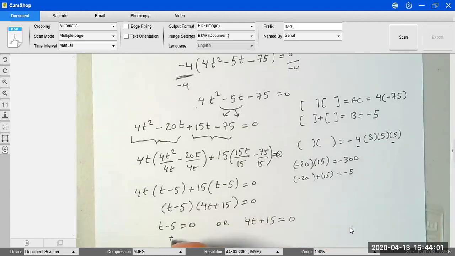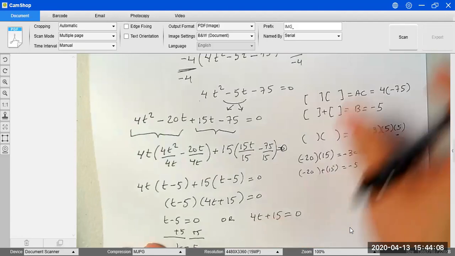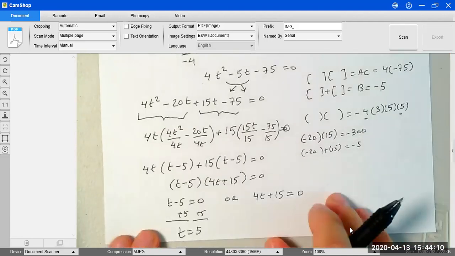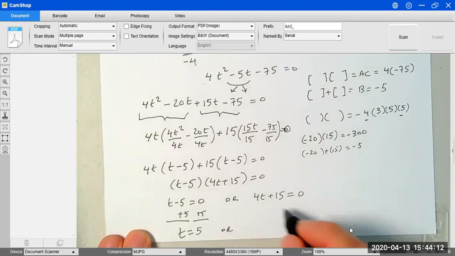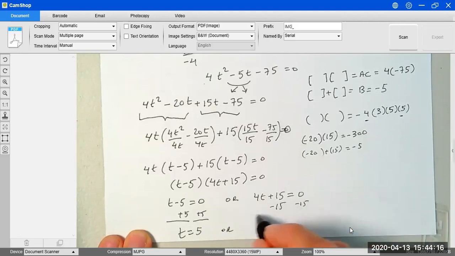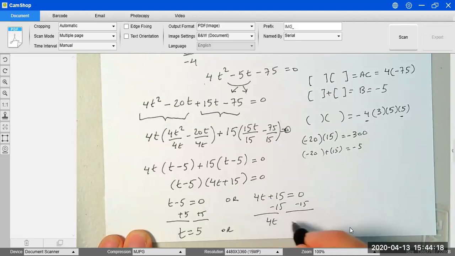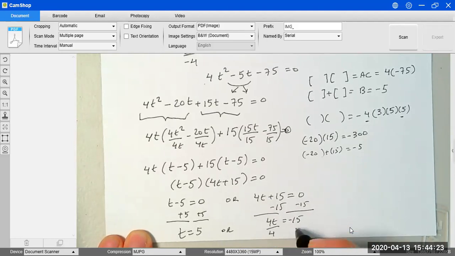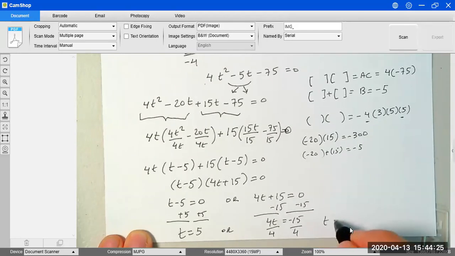So from the first case, I'm going to add 5. So I end up with t equals 5. From the second case, I'm going to subtract 15 from both sides. So I get 4t equals negative 15. Then I divide by 4. So I'm going to get t equals negative 15 over 4.